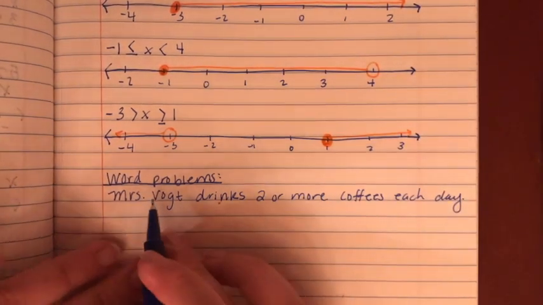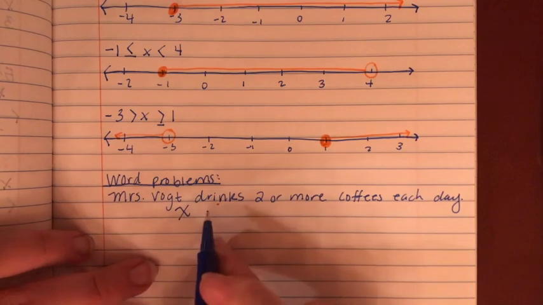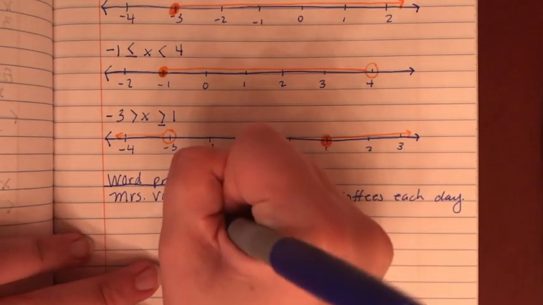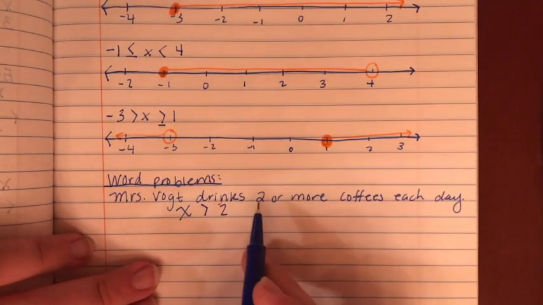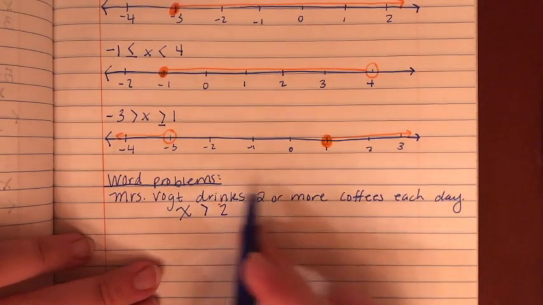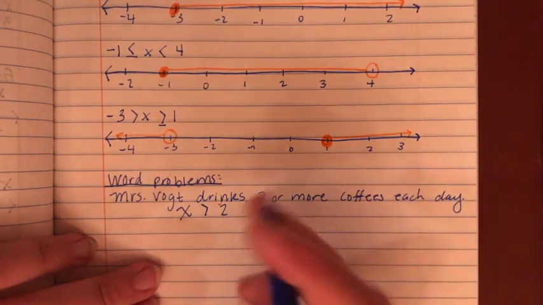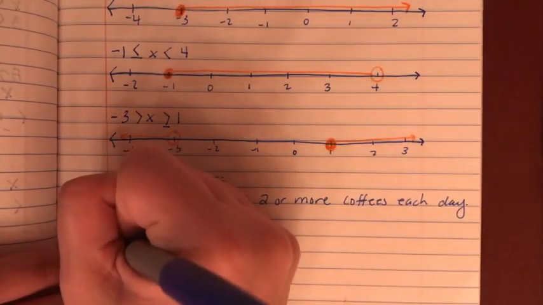Okay, so let's start with X. We'll say X is coffees drunk. So I drank 2 or more. So that means X is going to be greater than. It's for sure going to be greater than 2. And since it says 2 or more, that means that I can drink 2 coffees in a day, or sometimes I have more. So that means that it can also be equal to. So now let's graph this.